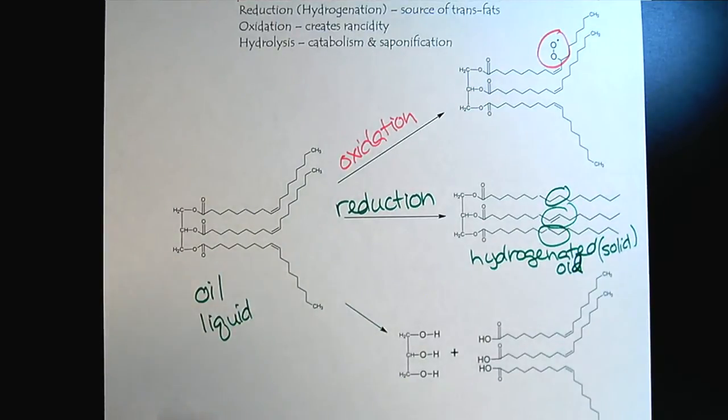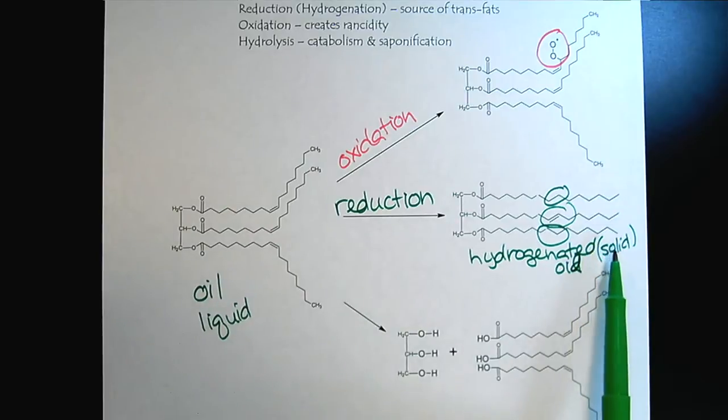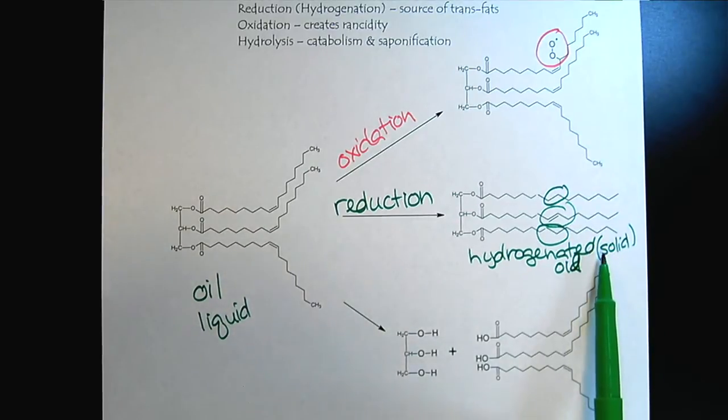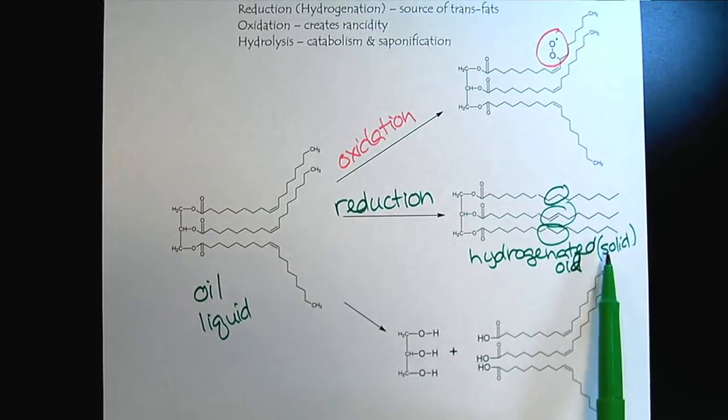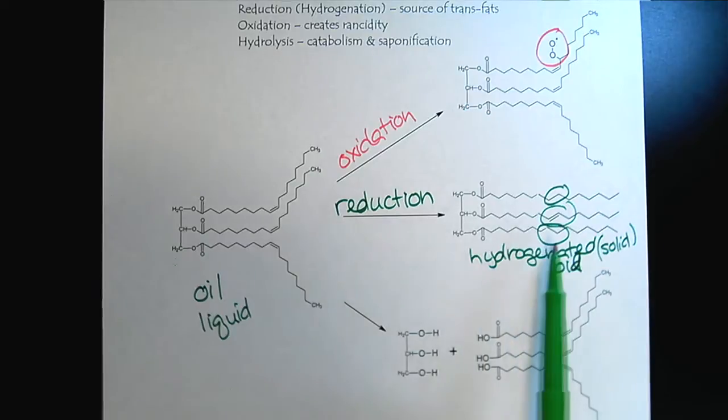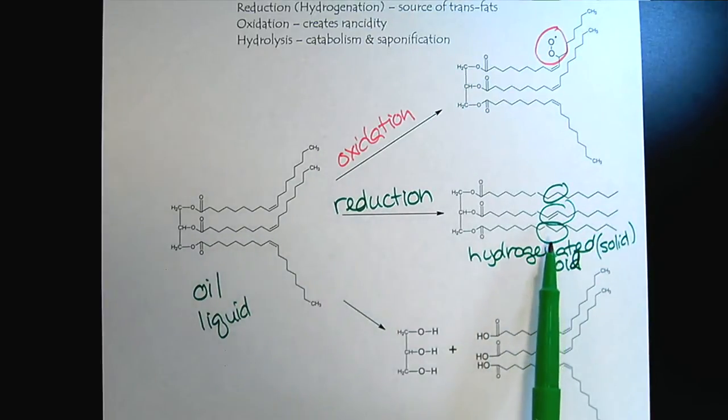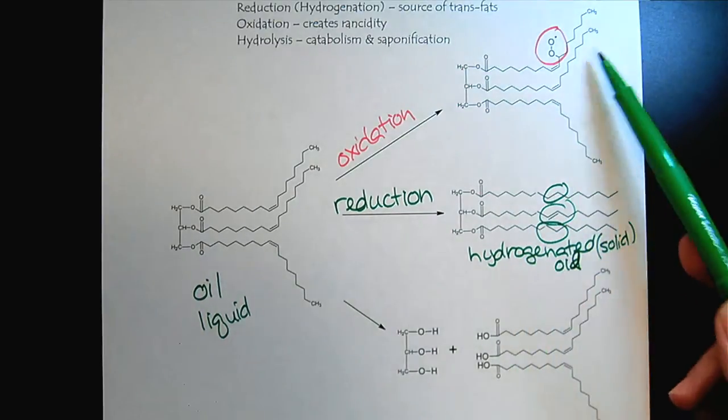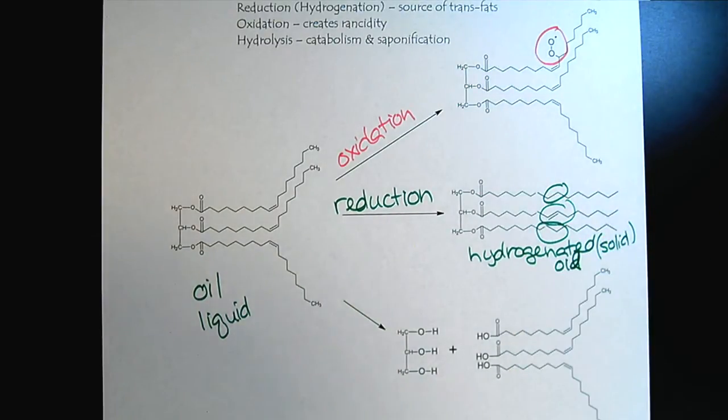So hydrogenated oils are really great for the processed food industry because we go from a liquid to a solid. And solids are much easier to take care of because if you spill them, they don't make such a big mess. Another advantage for the processed food industry is that molds don't like to eat hydrogenated oils, and so they become rancid slower.